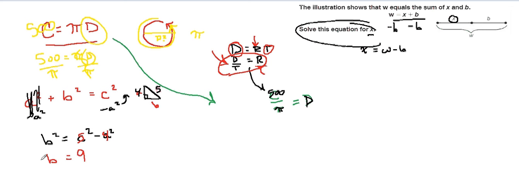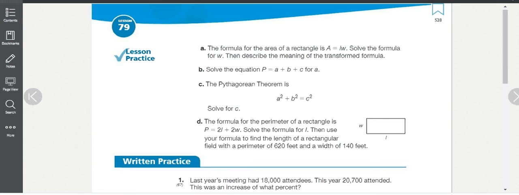We've got to square root it, right? Then we're ready to go. So we're isolating before we start. Why don't you try a and b?